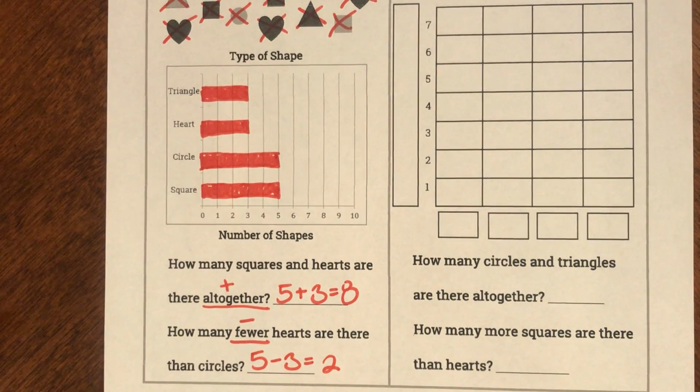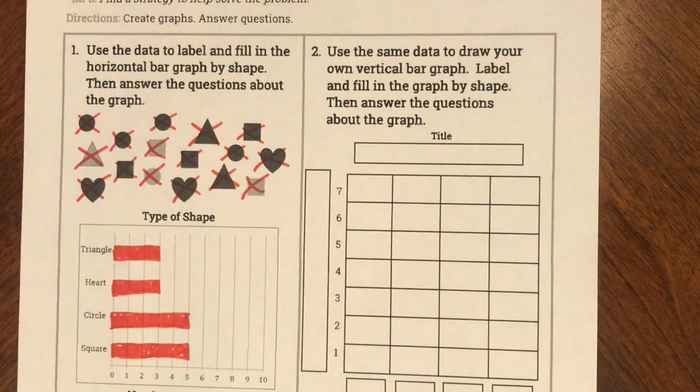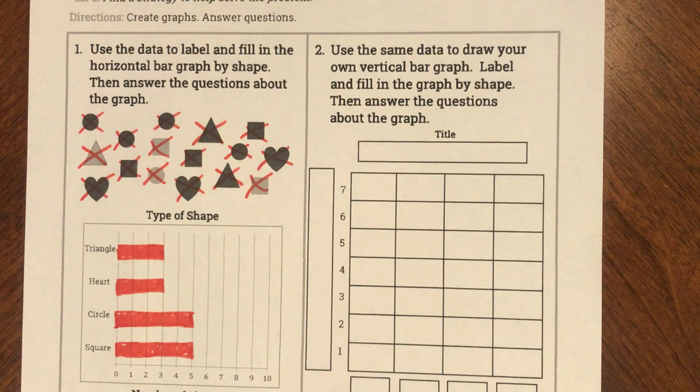Okay, let's look at my next question. It says, use the same data to draw your own vertical bar graph. Label and fill in the graph by shape, then answer the questions about the graph.